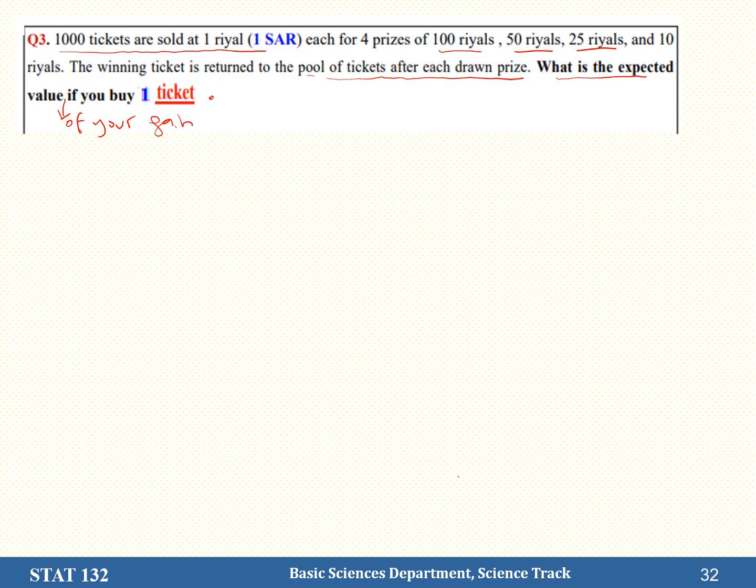Now here, the gain will be equal to what? Gain is your prize if you win, and then minus your ticket value. Now, let's say this is x, the random variable gain is prize minus 1.